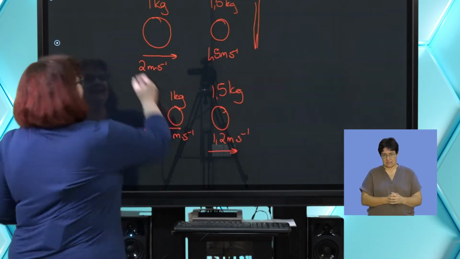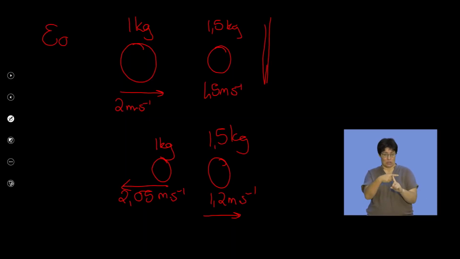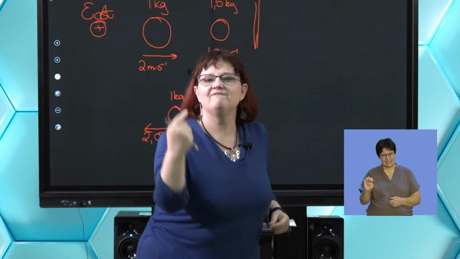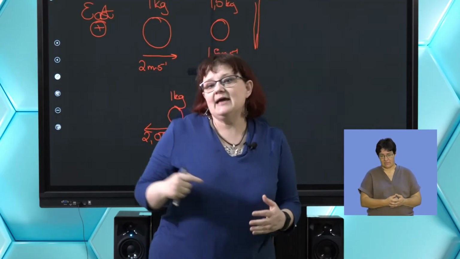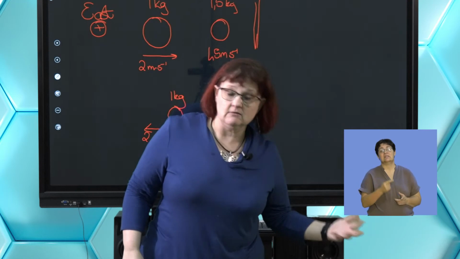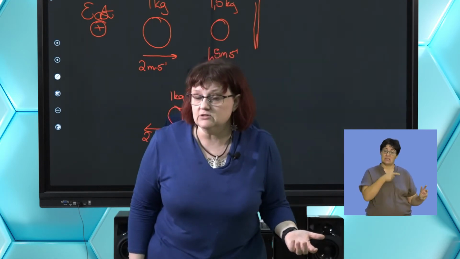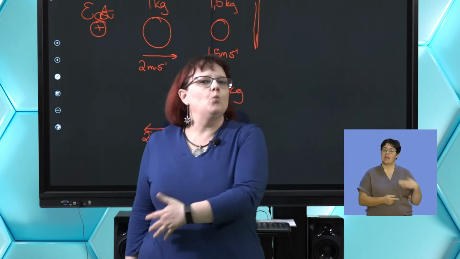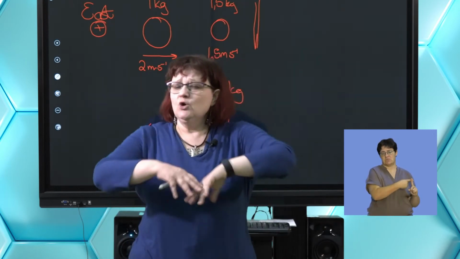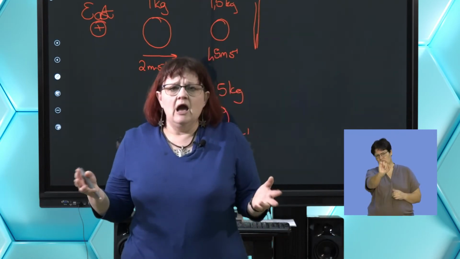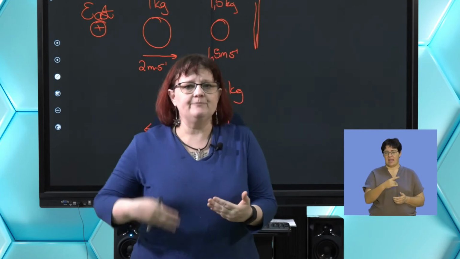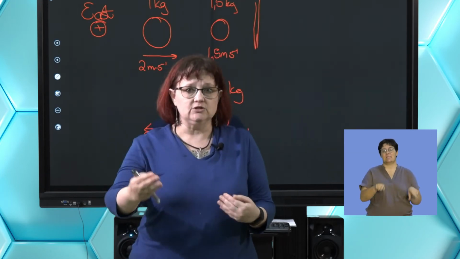I'm going to make east positive simply because east was given first. If they had said block A was going west, and that was the first thing they told me about, I would have made west my positive direction. You can choose, it's up to you. I just like to stick to something that's the same with every question.